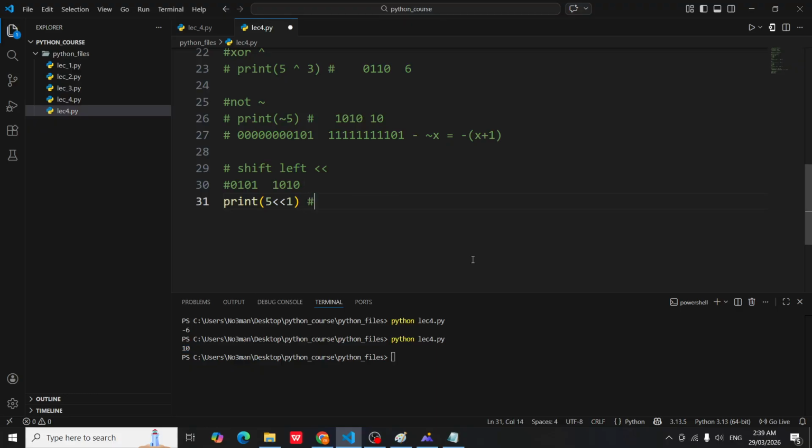It applies the formula x left shift n equal x multiply 2 exponential n. Let's comment that.